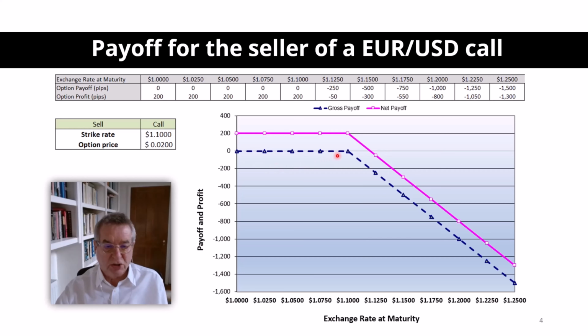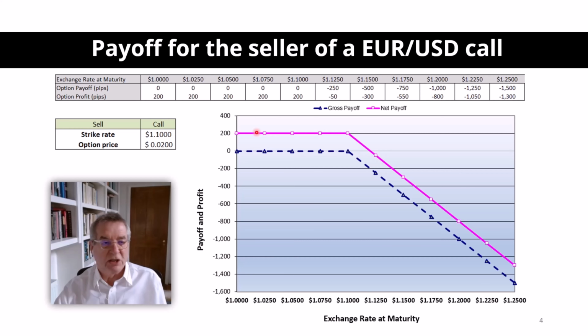Now, the thing to notice here is that the $1.10, which is the strike here, is here. And above that, we have this 200 pip benefit to the seller. The seller has earned the 200 pips by selling the option. As the exchange rate at maturity moves to the right, in other words, goes above the strike at $1.10, this then begins to introduce a risk to the seller.